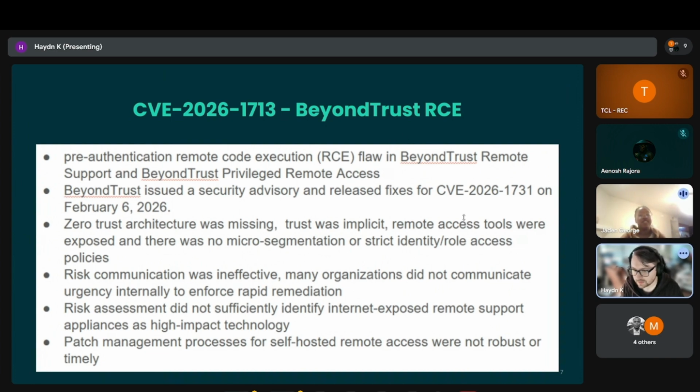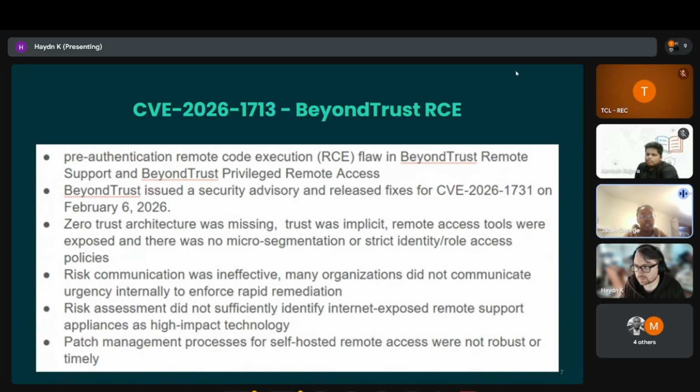Sorry. Okay, so for CVE-2026-1731, it was a BeyondTrust remote code execution flaw, and it was in their remote support and their privileged remote access, and it comes from an operating system command injection weakness.